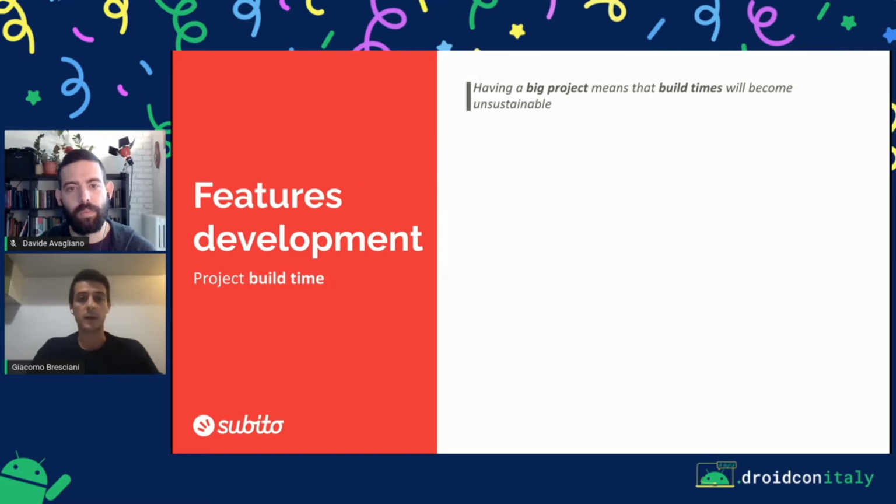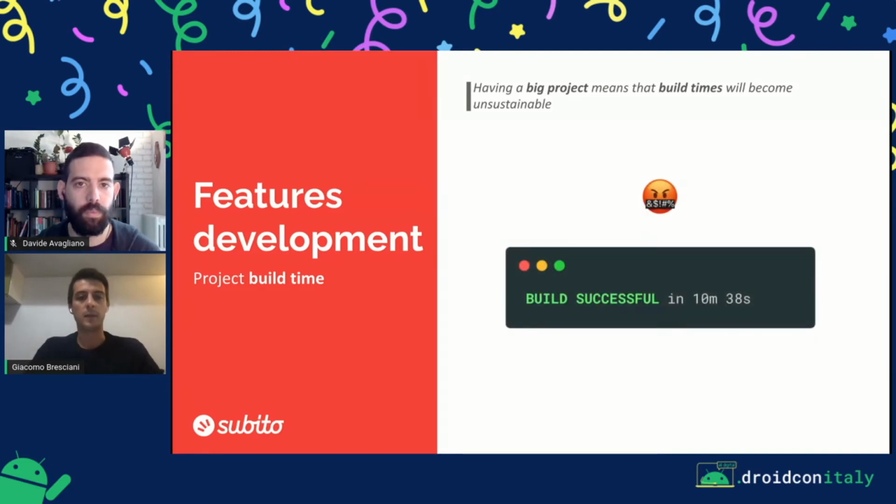And last but not least, a big project means, of course, that build times are going to grow over time. And as Android engineers, we know that this could be a really big pain. For example, a clean build on our local machine could easily take more than 10 minutes to complete.